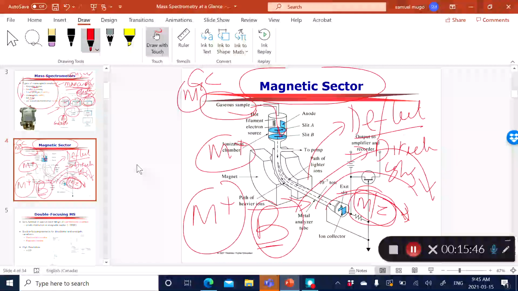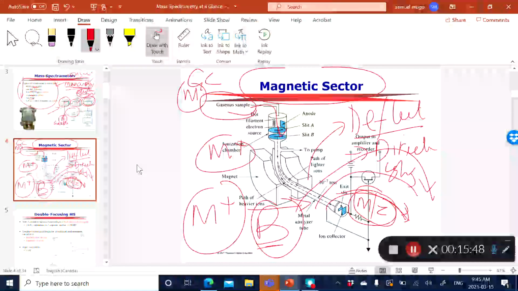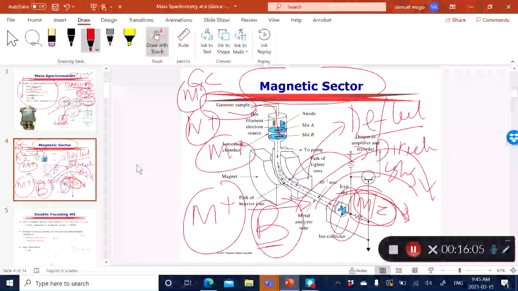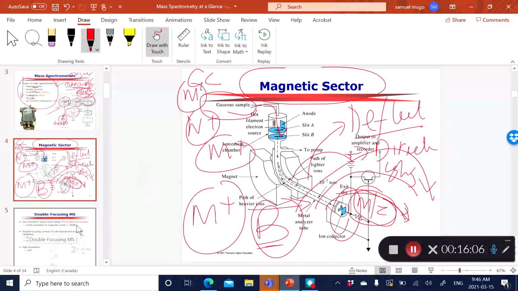And then, when it gets to the magnetic field, it gets deflected. And because it gets deflected, now it can be collected by the detector. And if there are many, many ions out there, they can actually be measured, because they will reach the detector from different directions.